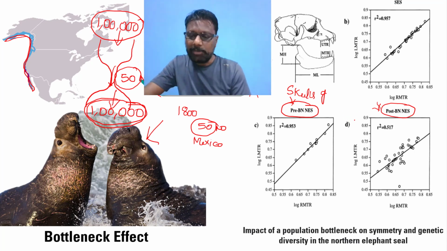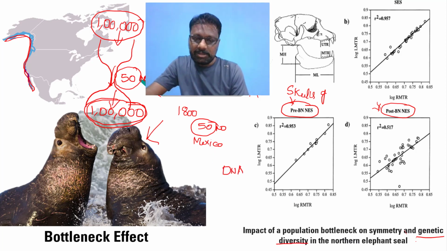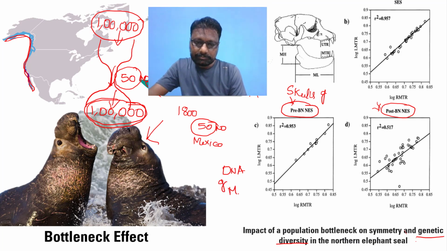They have taken two parameters here. One is genetic diversity. First of all, they worked on genetic diversity by isolating the DNA of mitochondria.